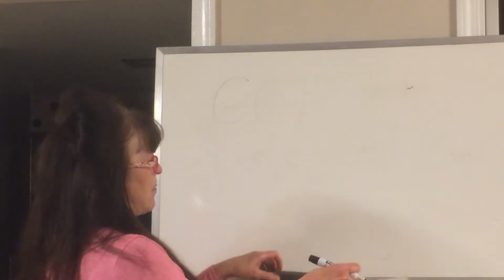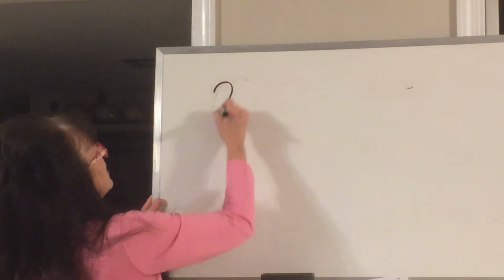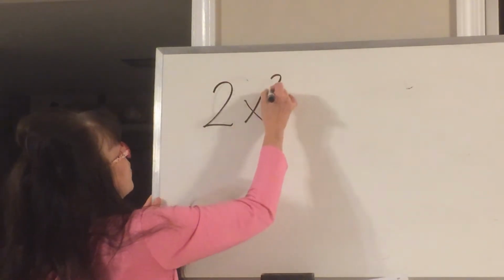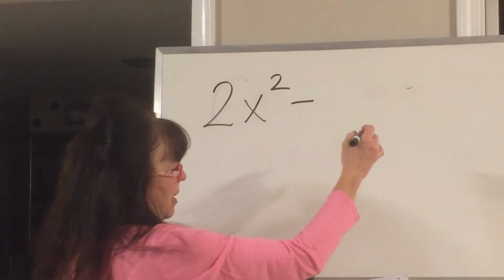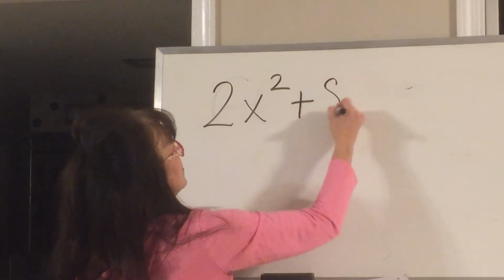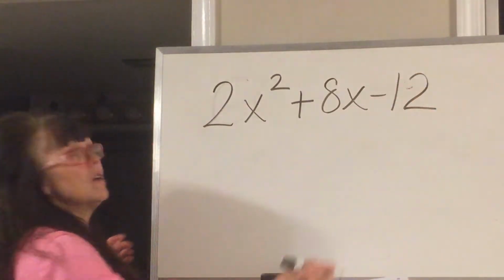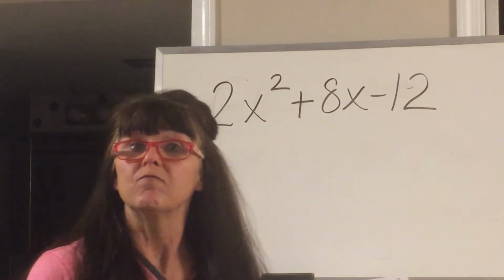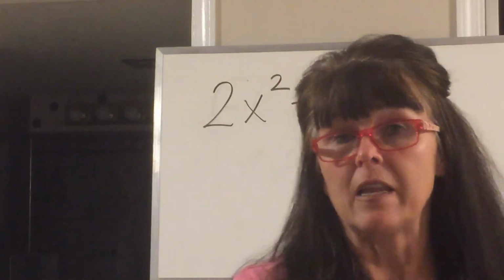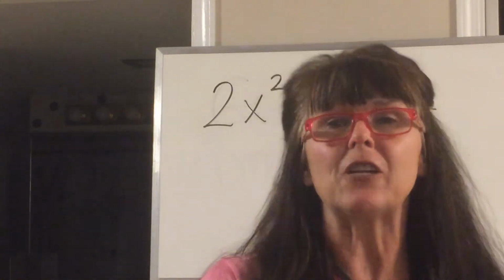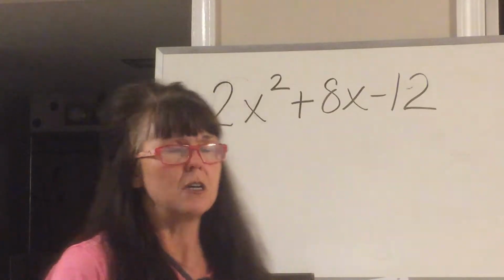Example 1 looks something like this. 2x squared plus 8x minus 12. And you go, oh, that's 3 terms. Factor, skip, factor. Yeah, that's what I would have thought too, but you got to check for GCF first.